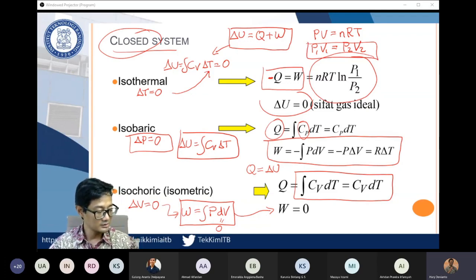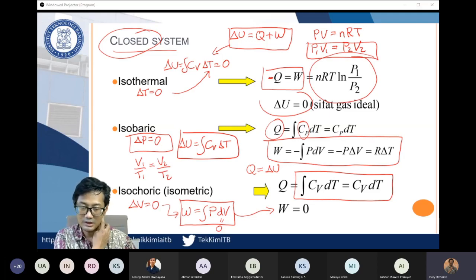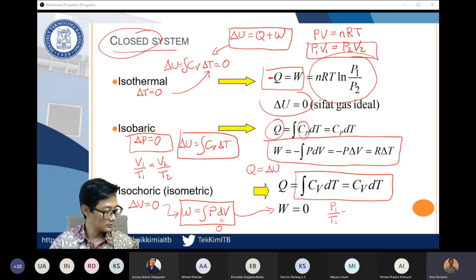In isobaric, you can use a similar correlation, so V1 over T1 is equal to V2 over T2. That one is the isobaric correlation. Similarly, for isochoric or isometric, you can use P1 over T1 is equal to P2 over T2.